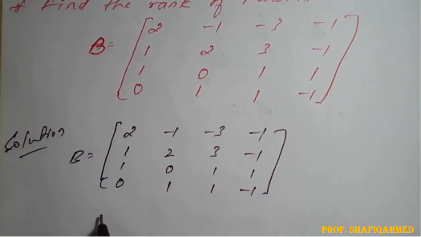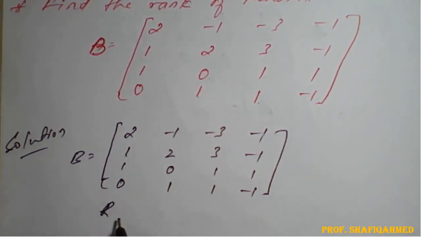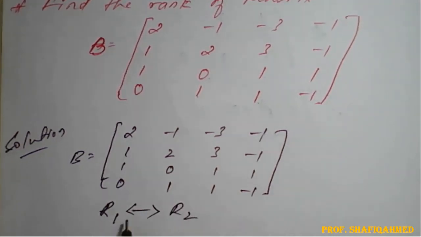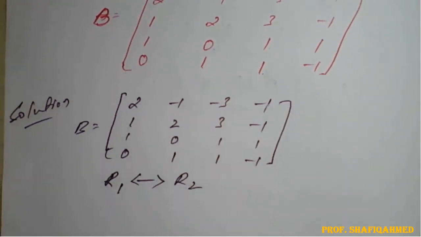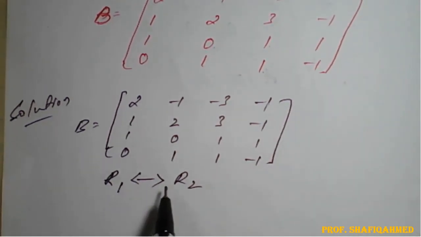So on interchanging the rows, R1 will interchange with R2. This is the symbol of interchanging, meaning R1 will become R2 and R2 will become R1.